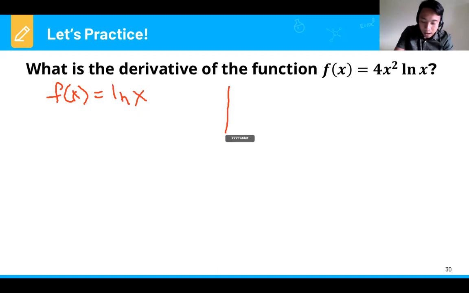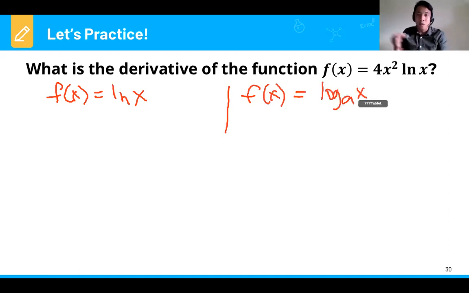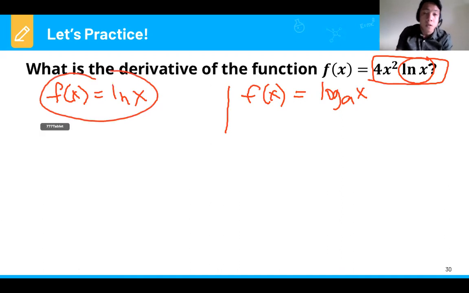Our general is in the form of log with a base. As you can see, in our given, we have the clue ln x. So we will follow the solution in the natural logarithm function. Since we already know what we are going to use, let us now solve this problem.